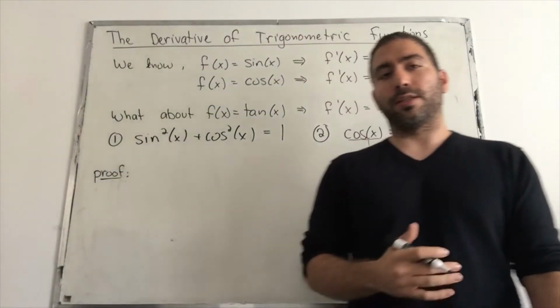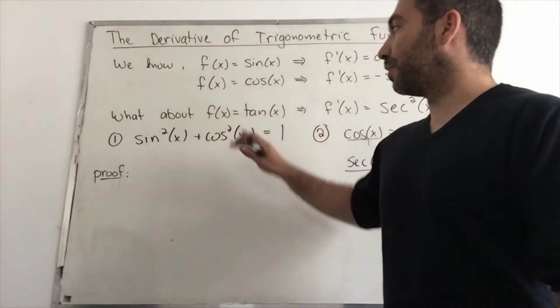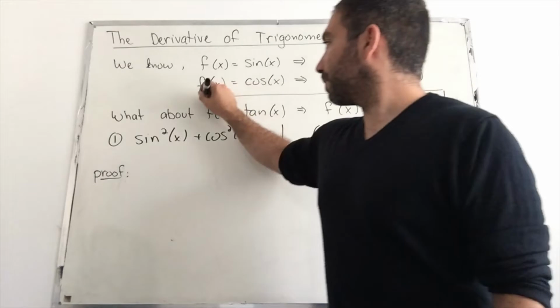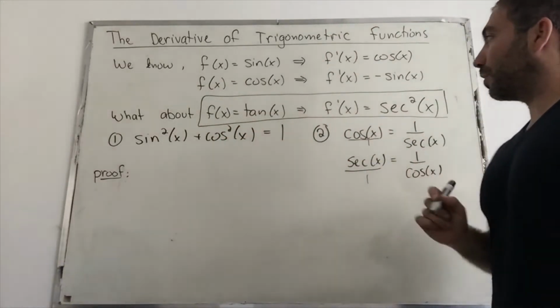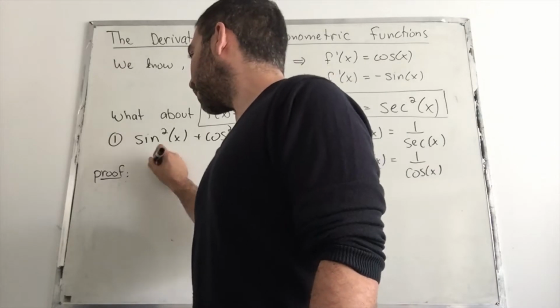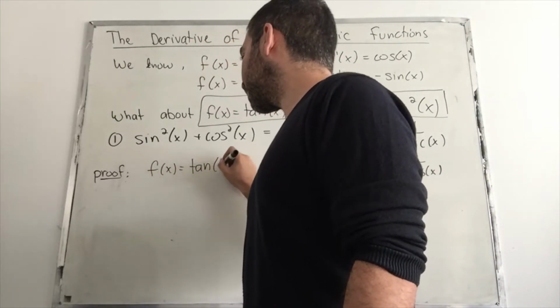One way of doing this is looking at the limit definition, but an easier way to prove that the derivative of tan is secant squared, this is our goal, is to invoke quotient rule. So we know that f of x is equal to tan of x.